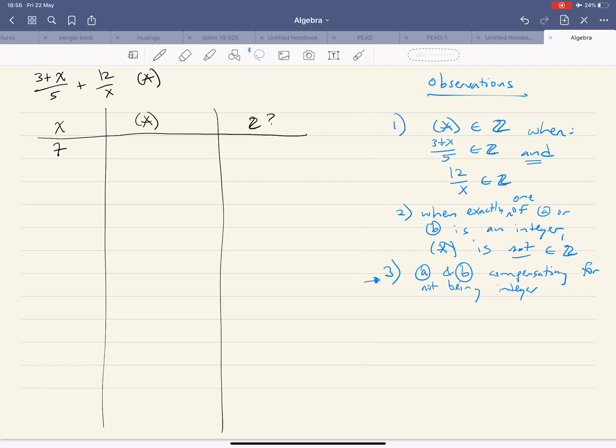So 7 goes in, and then we have 10/5, which is 2, plus 12/7, and this is going to be a no because of observation 2. So I'm going to make a note of that. 8, 9.